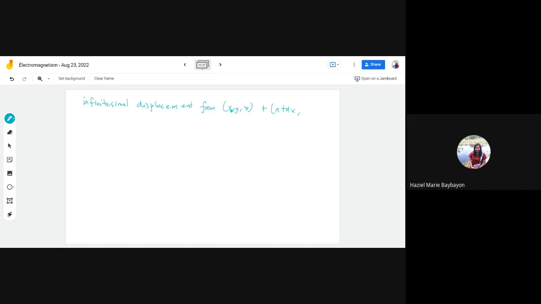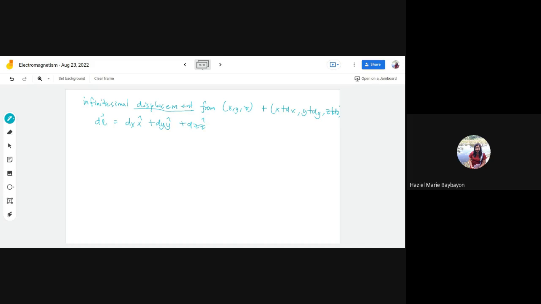So kini siya, class, dugangan lang siya na to gamay nga length along the x. So we have x plus dx, y plus dy, z plus dz. Suppose it is dl. It is also a vector quantity because we're talking about displacement here. So we can express it as dx x-hat plus dy y-hat plus dz z-hat.